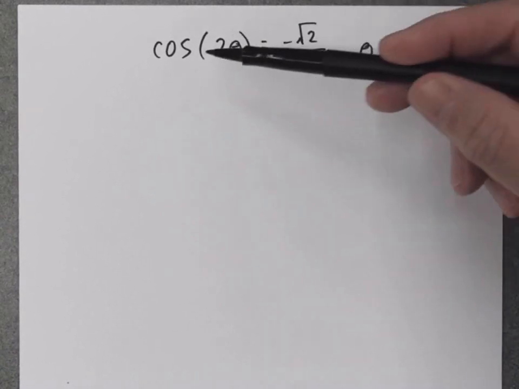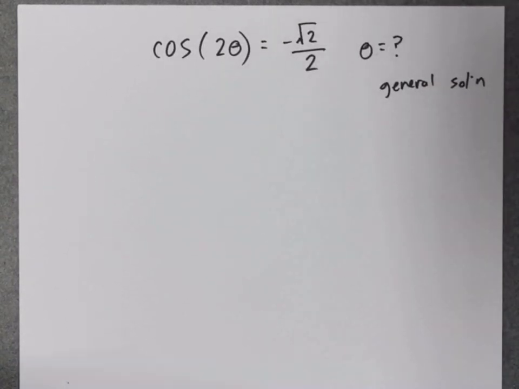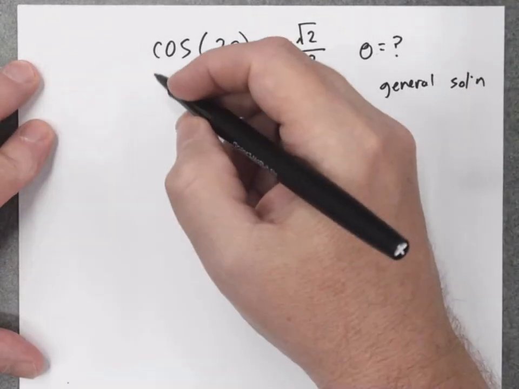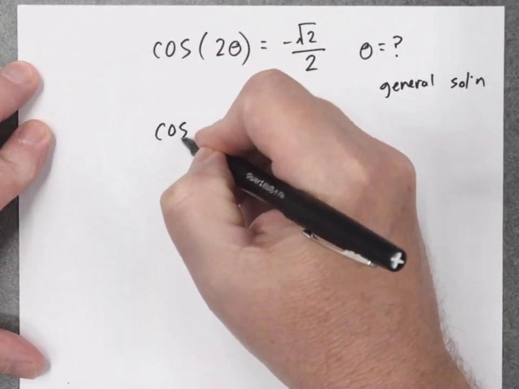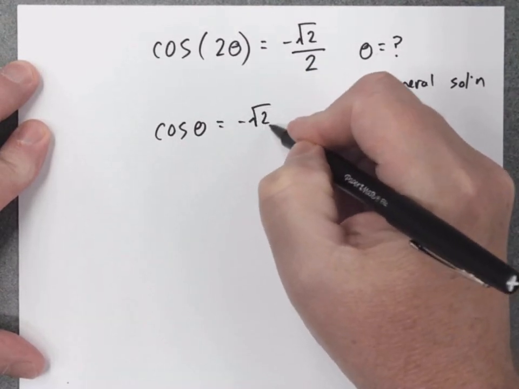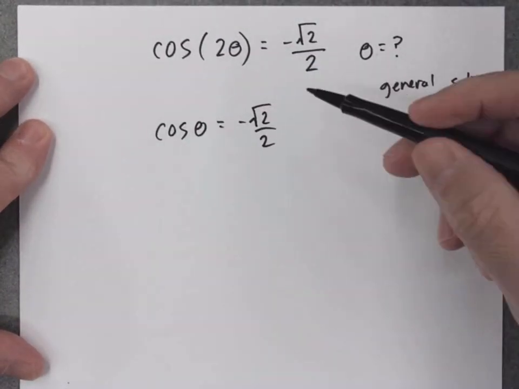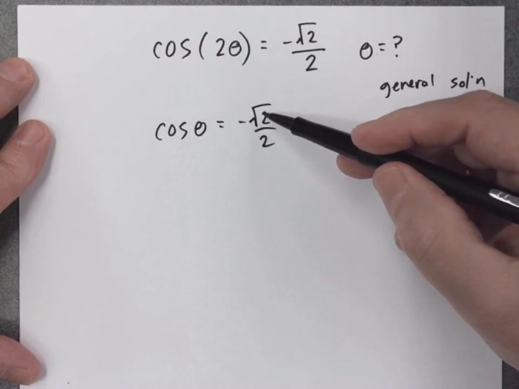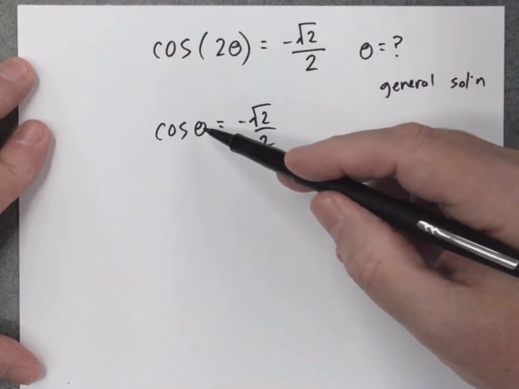I think the best way to explain this is, what if we were given this equation to solve? Cosine of theta equals negative square root of 2 over 2. So now we're back to what we're used to.